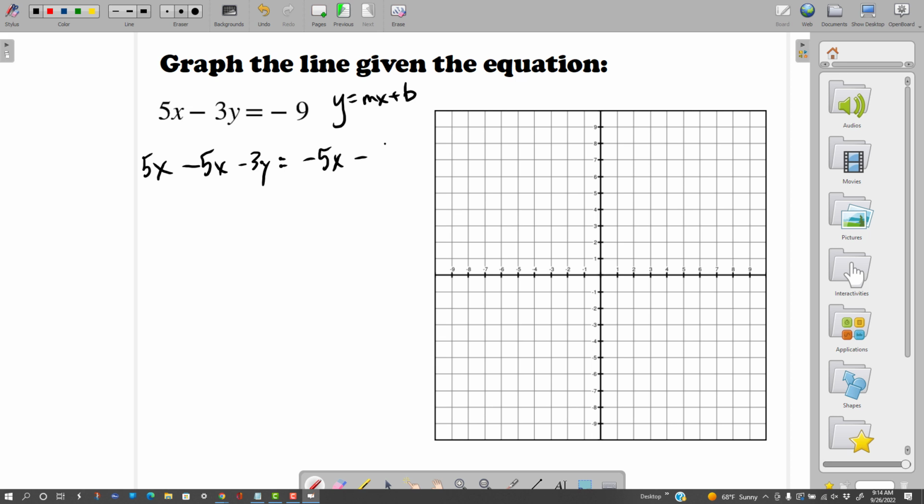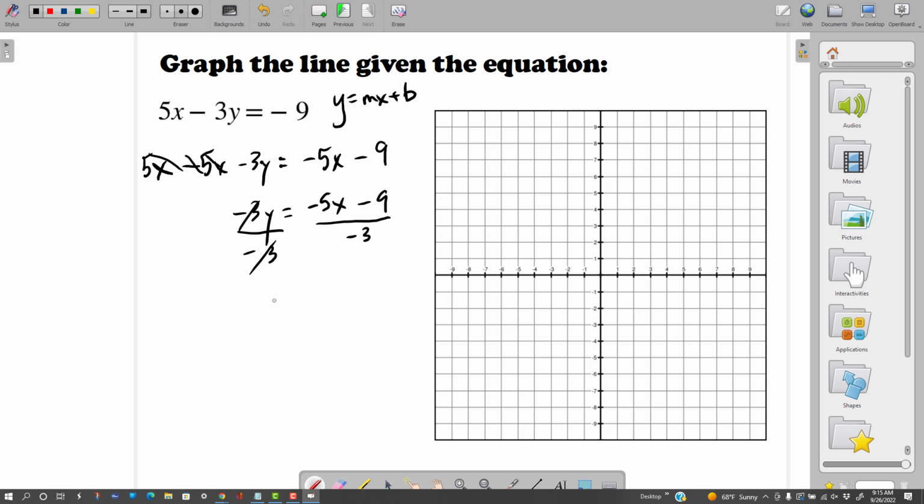Subtract 5x from this side. The 5x's add out. I'm left with negative 3y equals, excuse me, negative 5x minus 9. Divide by negative 3. Divide this entire side by negative 3.